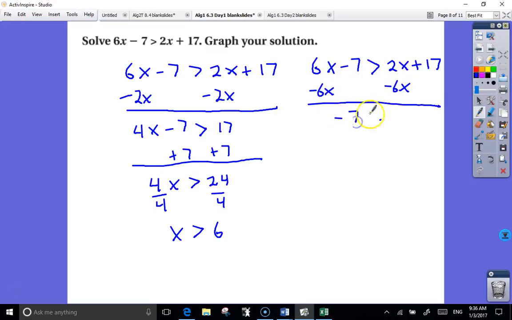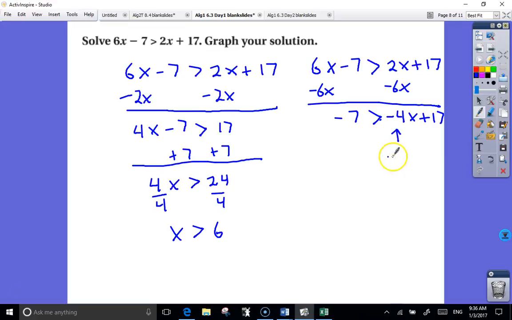So now I've got negative 7 is greater than negative 4x plus 17. Okay, now I've got to worry about dividing by a negative and flipping the sign. So if you deal with the smaller term first, you're not going to create a negative coefficient. And plus you put the variable on the right side. That could be fixed, right?